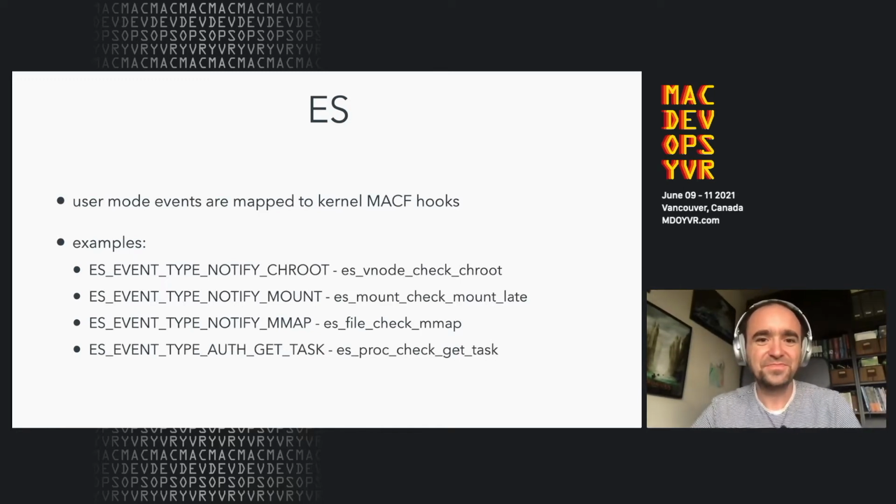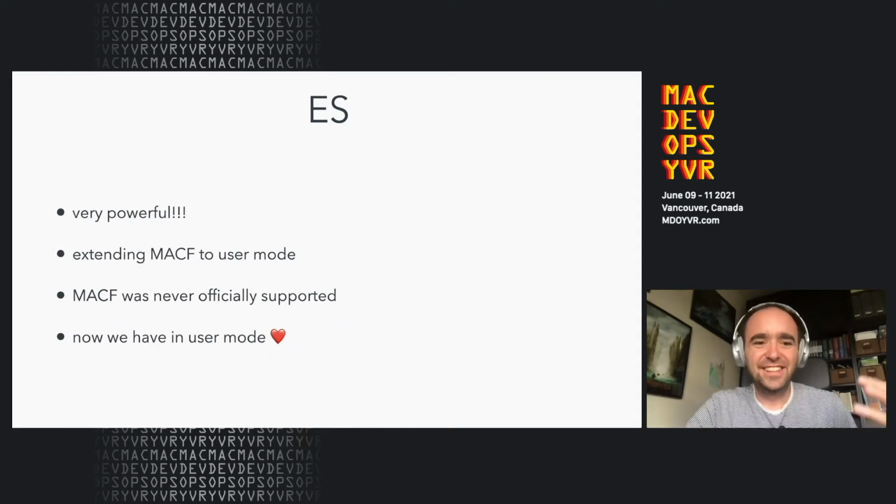And so on. And this mapping, or this idea, makes the framework really powerful, because essentially you get a user mode extension of the MAC framework from kernel mode in user mode.